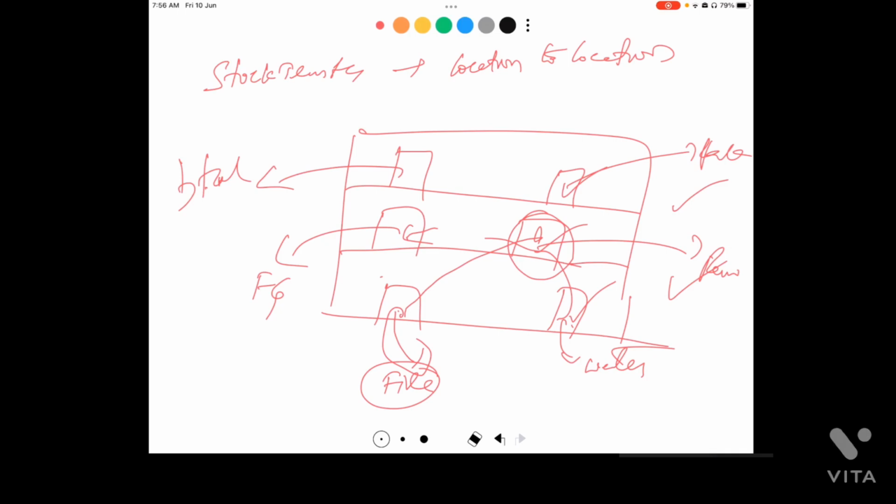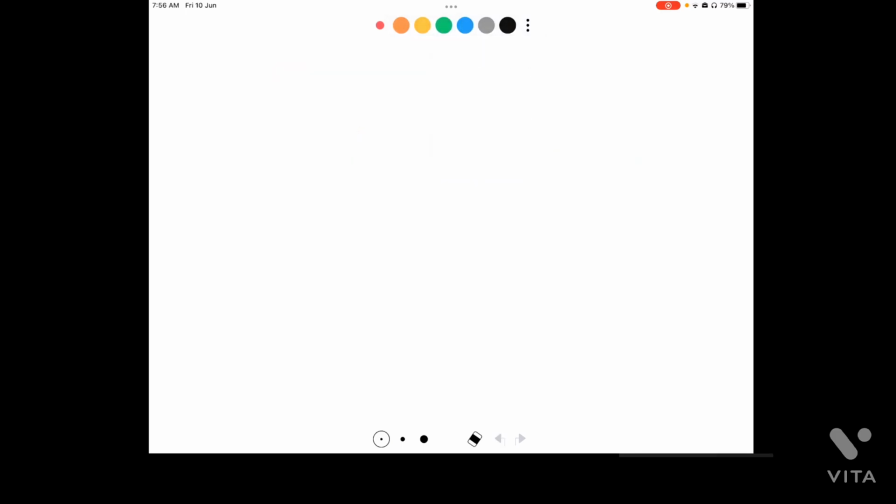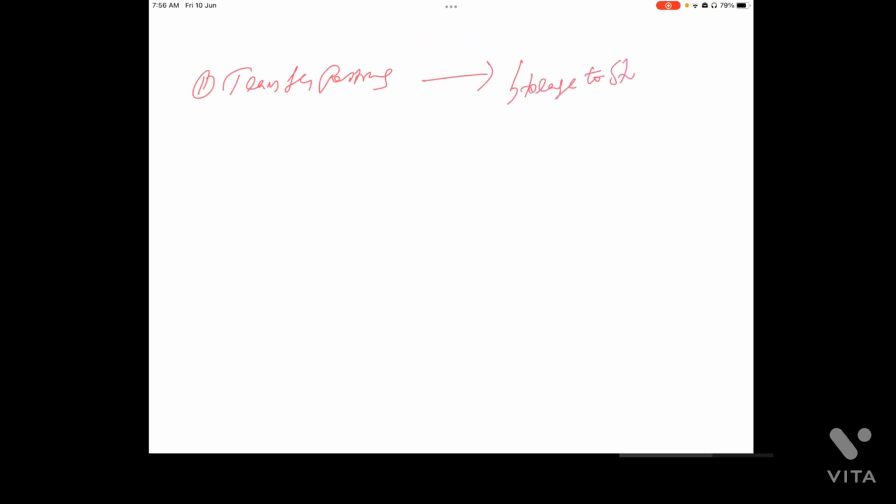So here, coming to the point, we have the transfer posting, which is from storage location to storage location.